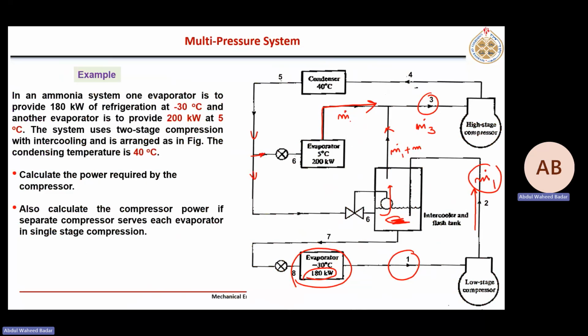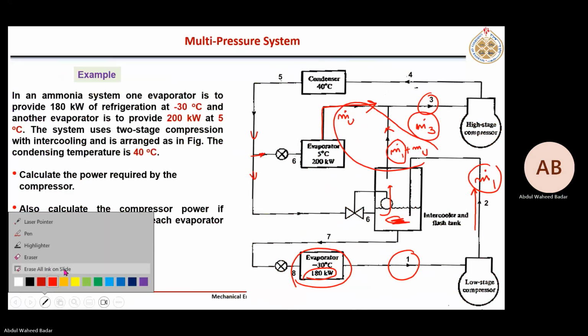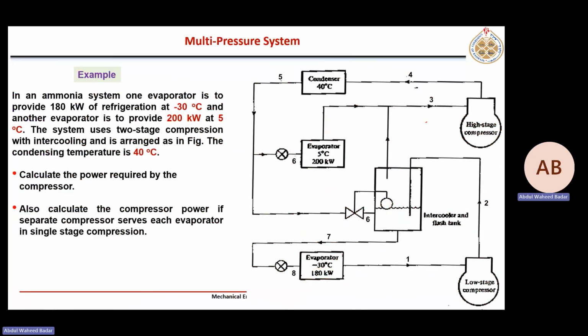If we say m unknown here, and this m1 we have calculated, this will give us m dot 3. So m dot 3 depends upon this component and also this component, both.